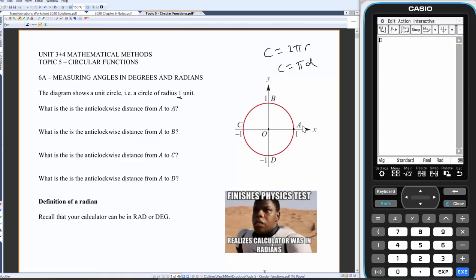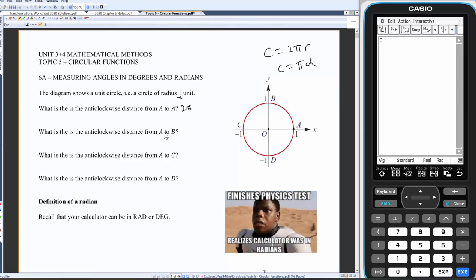So all we do to get the circumference, or the distance around this circle, is put our radius in, which is 1, multiplied by 2 pi, which means that the distance around the unit circle from A through to A itself is a distance of 2 pi. And that's going anti-clockwise, so going in this direction here.